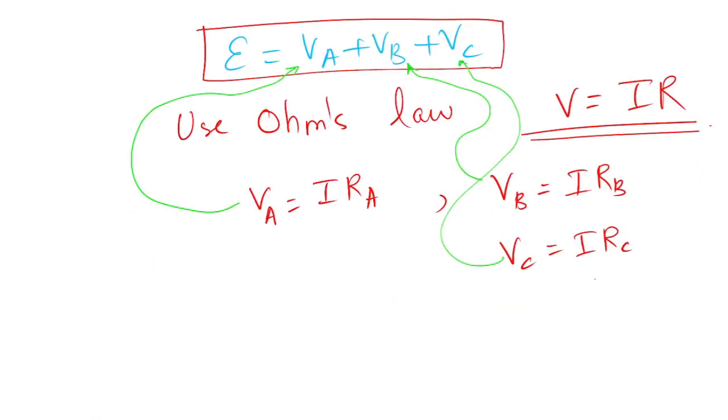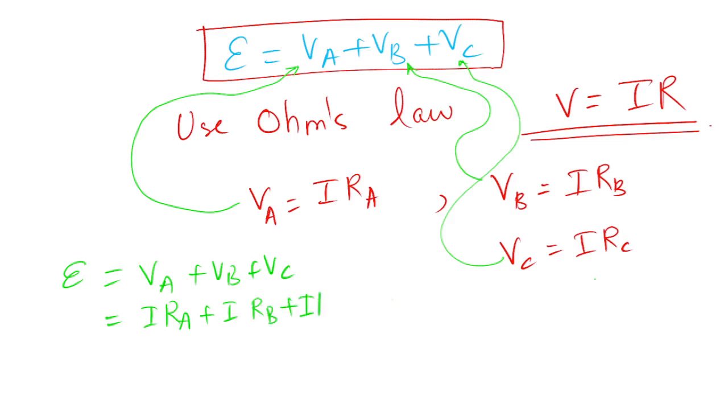So I can say epsilon is equal to VA plus VB plus VC, which is equal to IRA plus IRB plus IRC. And finally, we can write epsilon is equal to I, which I can take common because it's common in all, times RA plus RB plus RC.